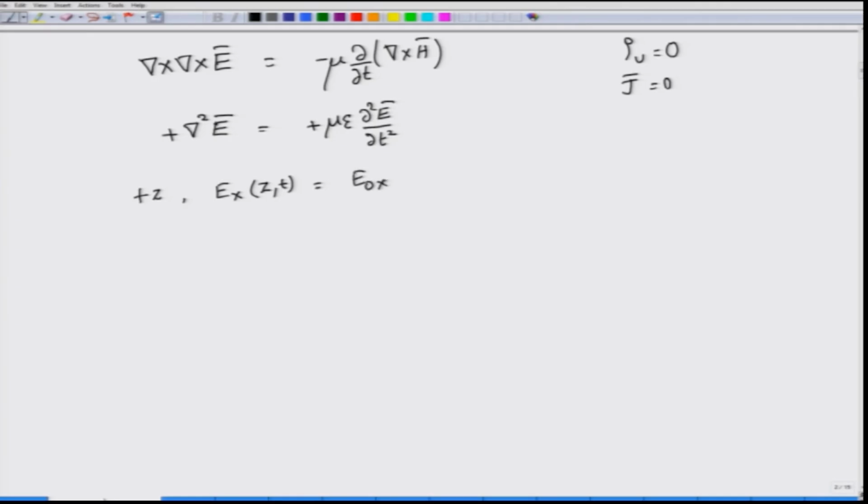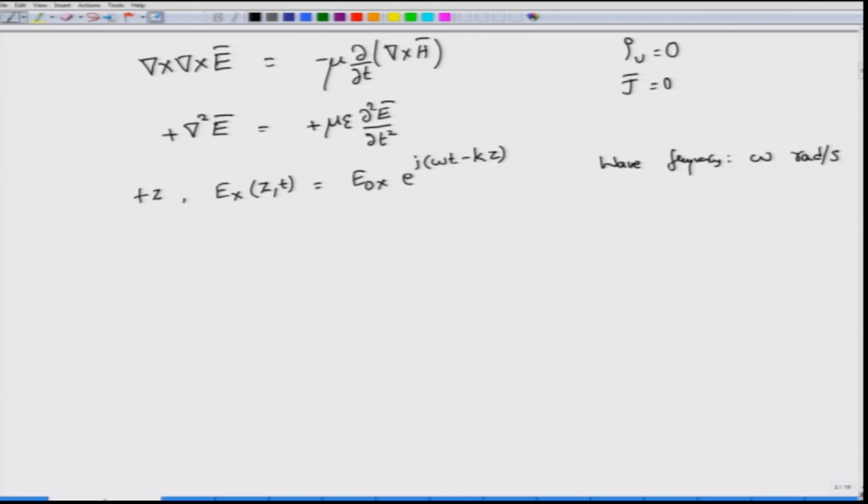So, we can maybe write down this as E0x, and then you have e to the power j omega t minus k into z, where we have assumed that this is a wave whose frequency is given by omega. So, this wave frequency is given by omega. This is angular frequency. So, this is radians per second.